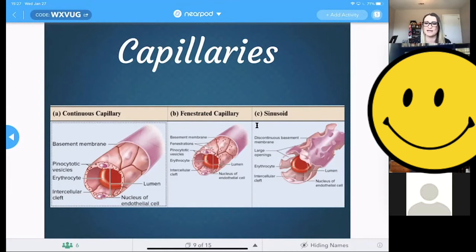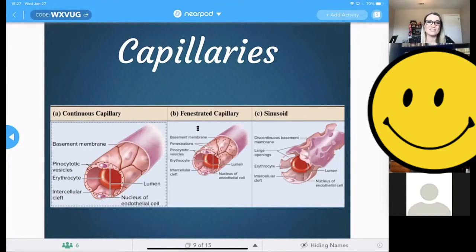That's kind of an estimate. I have seen numbers that vary by 10,000 miles up or down before, but most literature kind of agrees on that 60,000 mile length of capillaries in our body. This is also 100,000 kilometers if you want the metric system there.